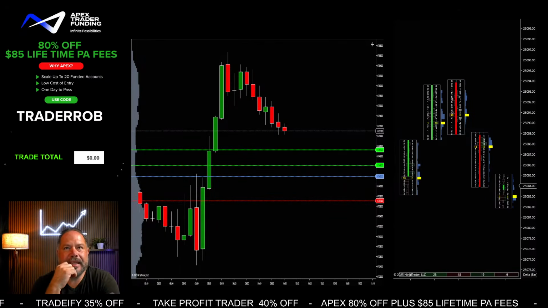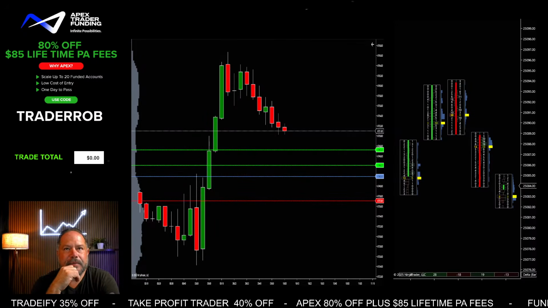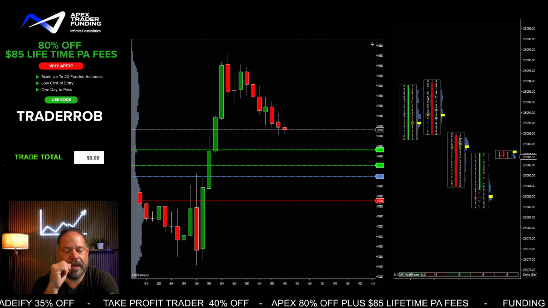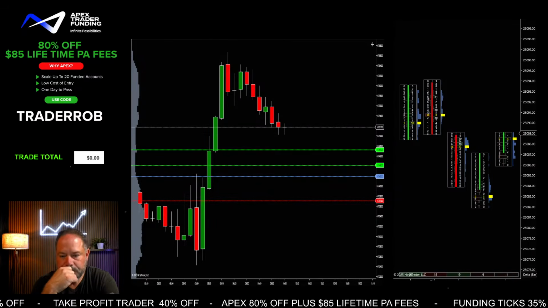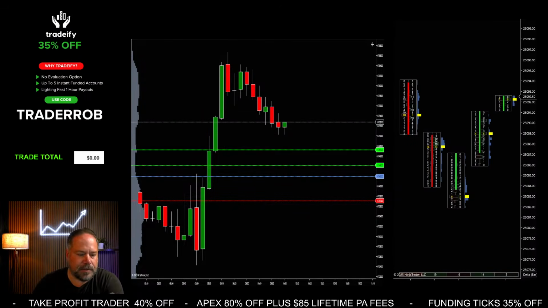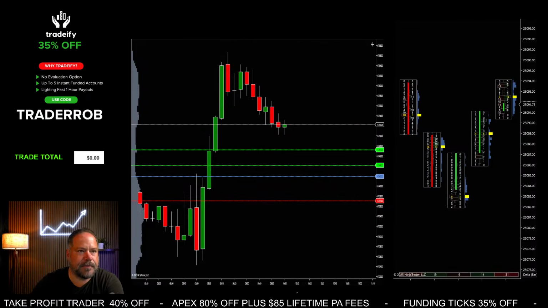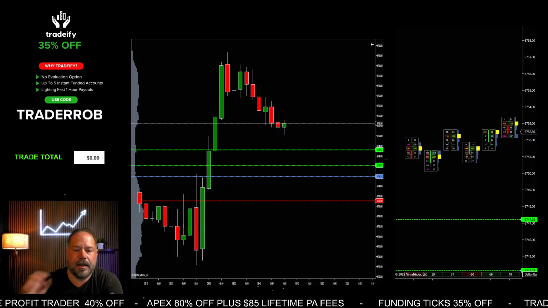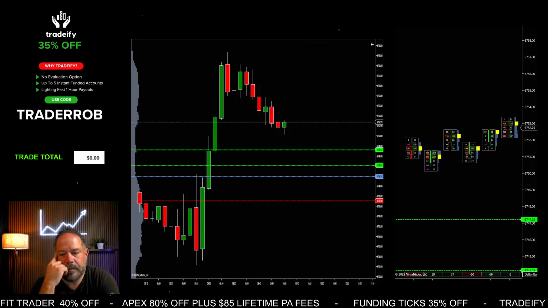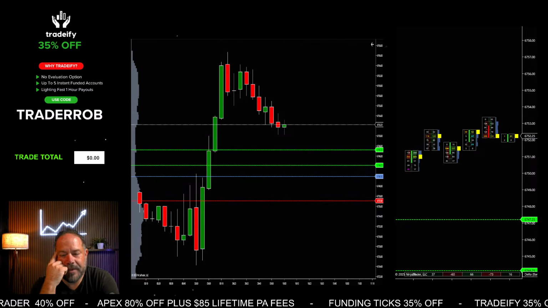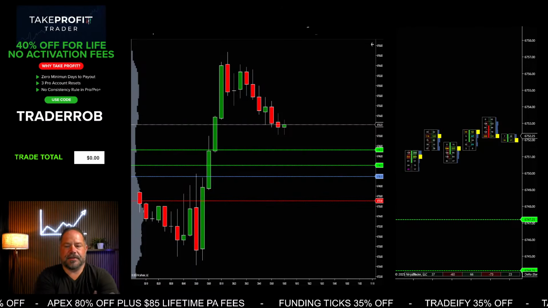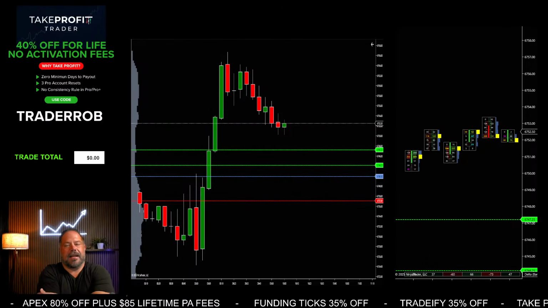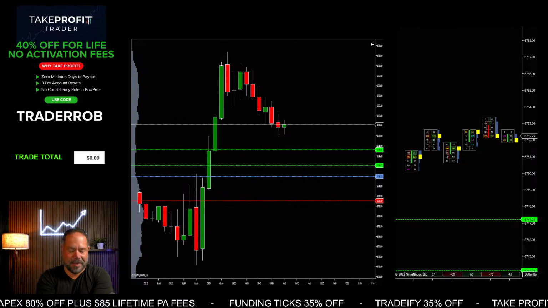Much easier on the ES, just because of the way the movement happens with price action. Let me pull up the ES here. Footprint confirmation candles on the ES are much easier to get.